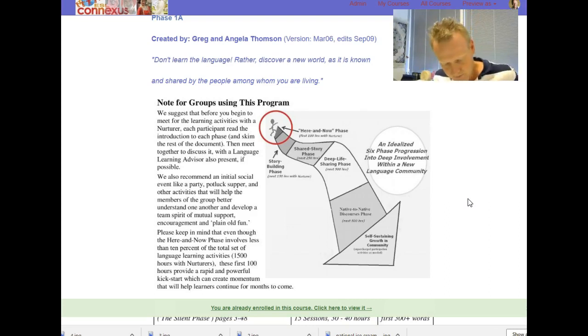Phase 1A, again, you're going to create supercharged participation activities. A lot of language techniques use just memorization to learn phrases so that you can begin communicating. It's been proven that if you learn through conversation, through pictures, through participating in the language, you're going to remember it better, and you're going to have a lot more fun doing it and build relationships along the way.